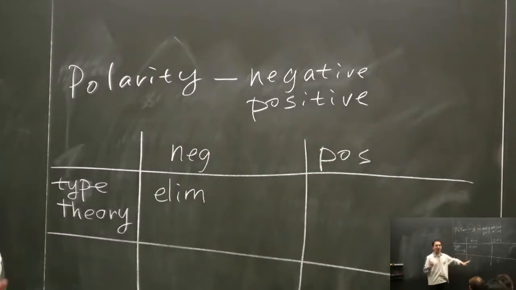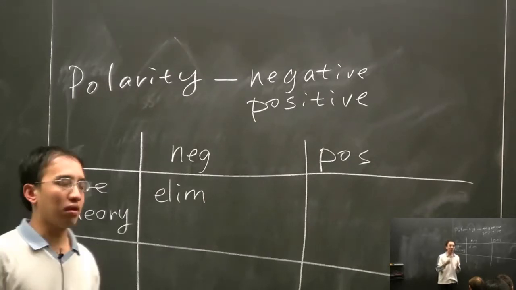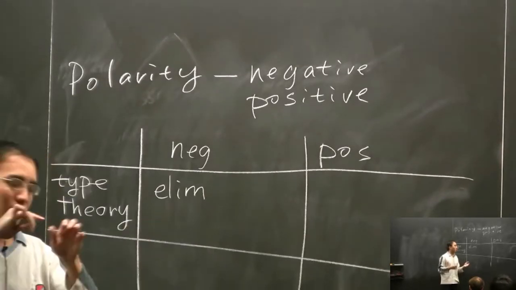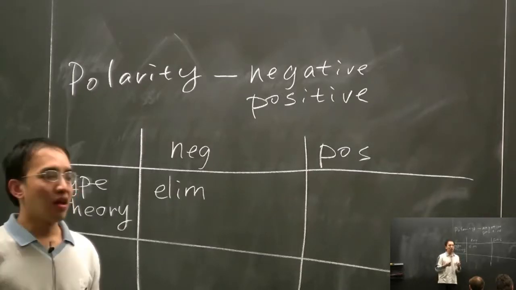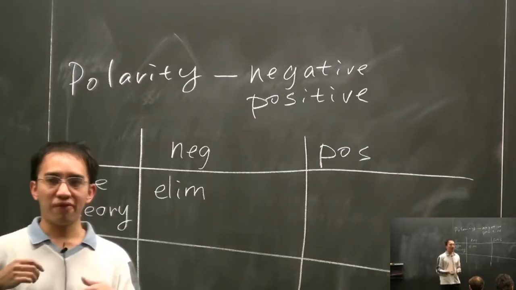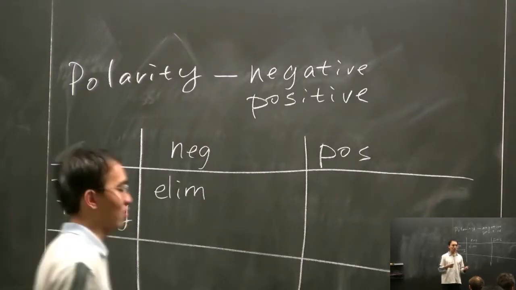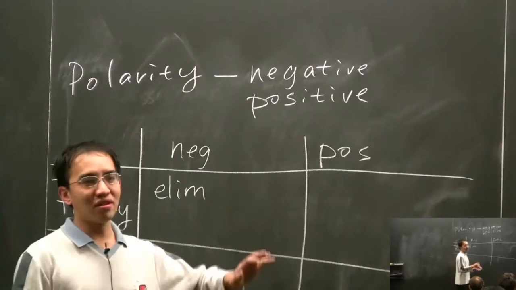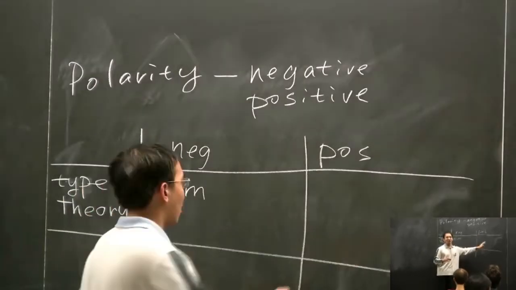So the idea is that if an essential part of a particular type is based on the elimination rule or the usage of that type, then usually we feel that it's negative. Is that clear?